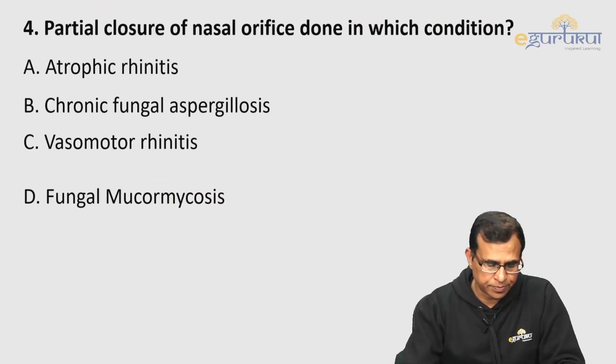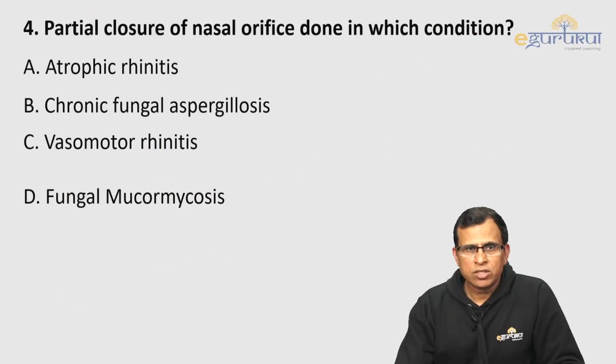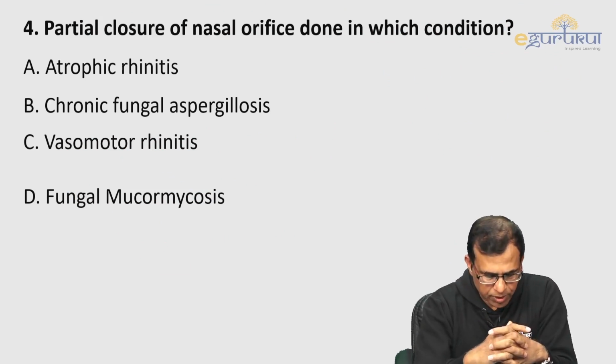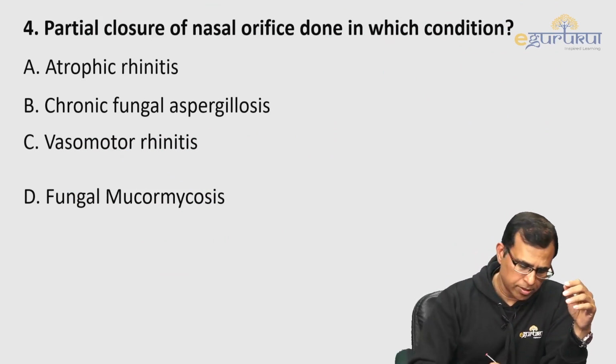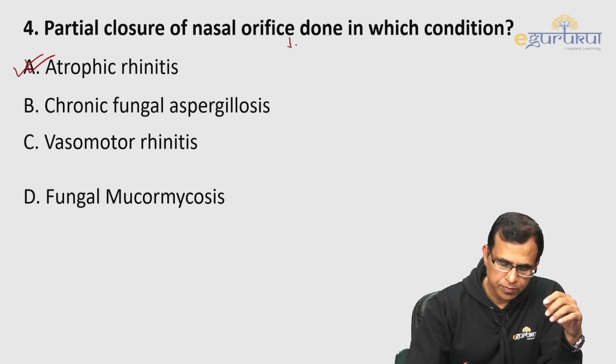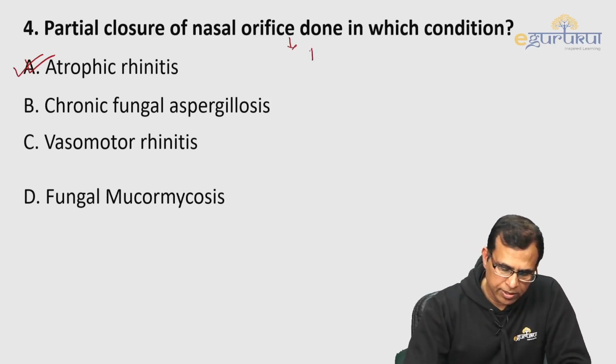Next question. Partial closure of the nasal orifice is done in which of the following conditions? The answer, clear cut, is atrophic rhinitis. This surgery is called modified Young's operation.